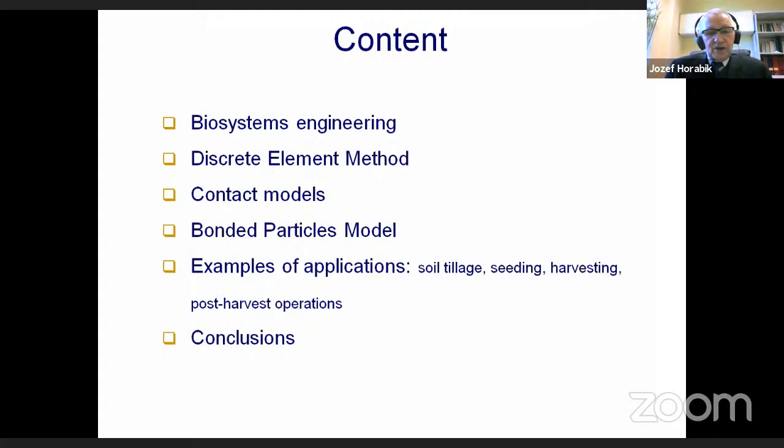A new method that overcomes the shortcomings of empirical, analytical, and continuum numerical methods is the discrete element method, which was developed by Cundall and Strack over 40 years ago. The method consists of an approximate solution of the equation of motion of each particle, represented numerically and identified with its specific properties such as shape, size, material properties, and initial velocity.